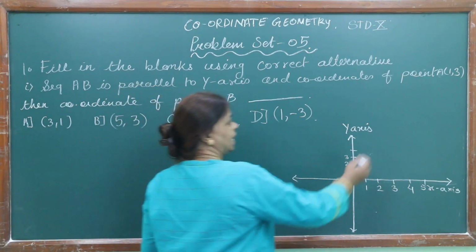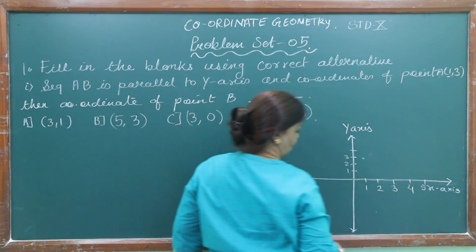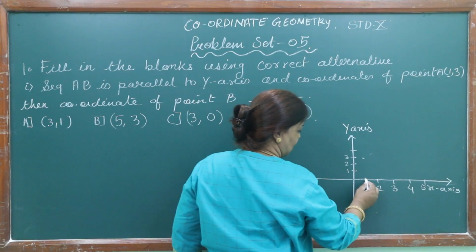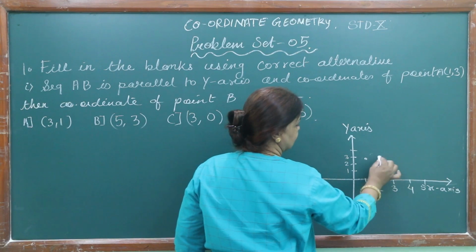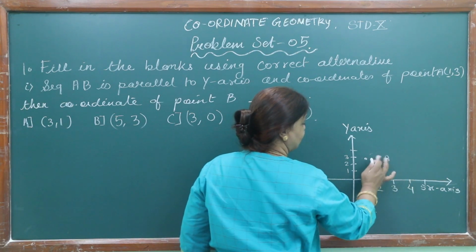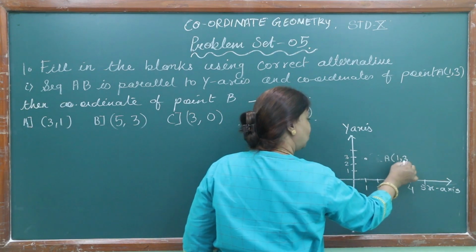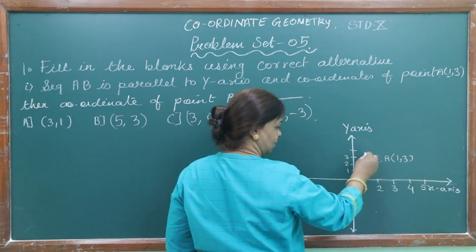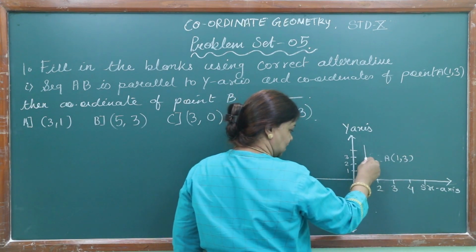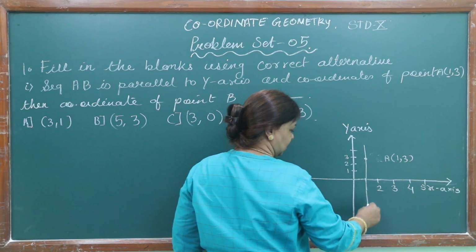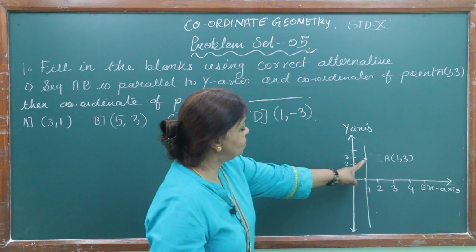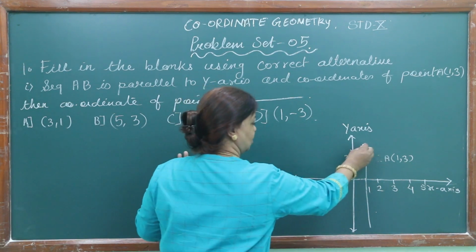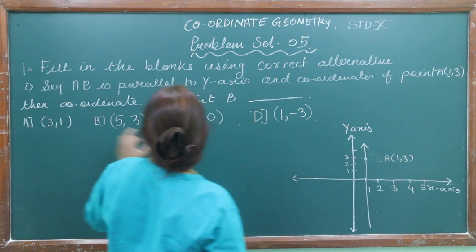So the x coordinate is 1, here, and the y coordinate is 3. Somewhere here the point A is, not there, it is here only. This is point A. So the line is passing from 1, and this is point A of line AB.